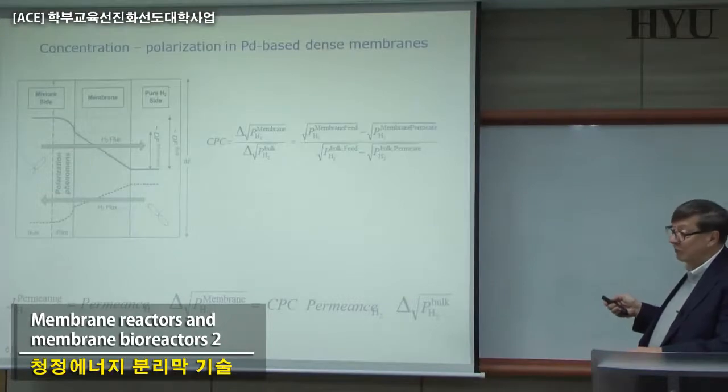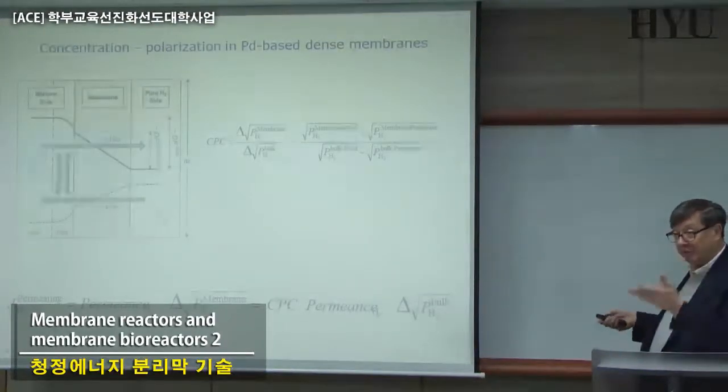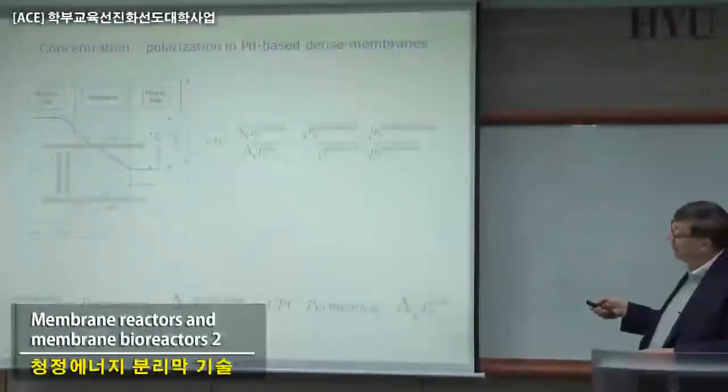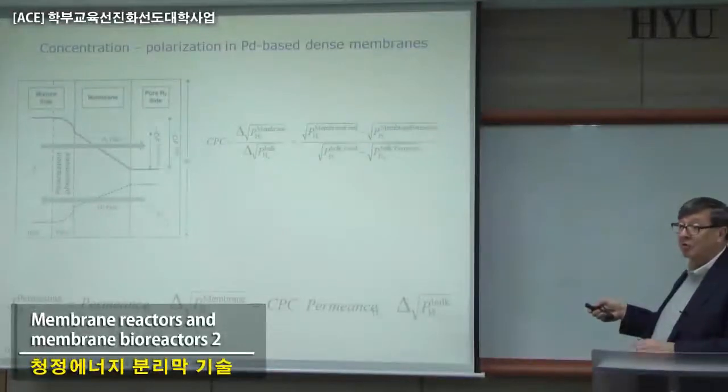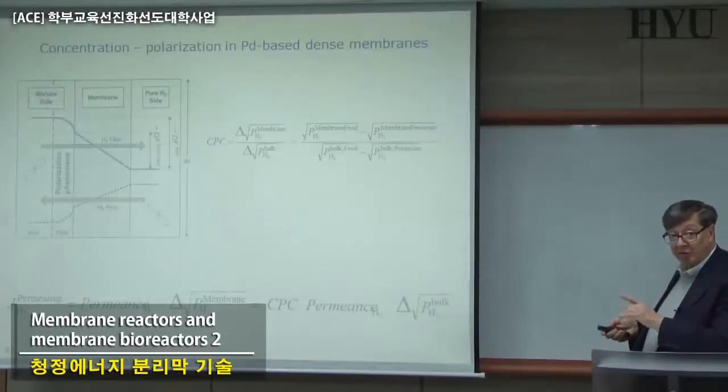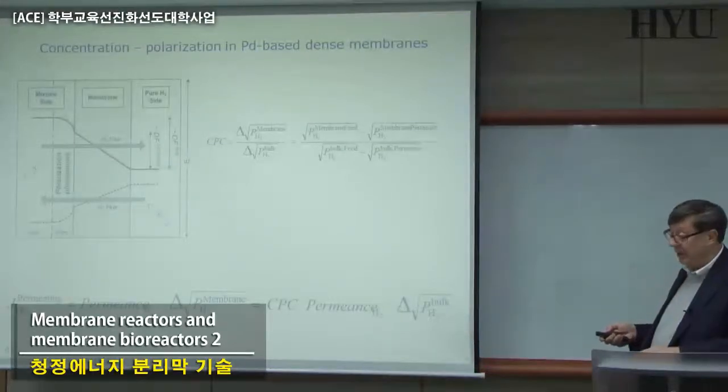There is a difference between the value at the membrane interface, upstream and downstream. So you have to consider this difference, and that will be the concentration polarization coefficient that we have to introduce to correct the driving force, which is smaller than the one we had before.